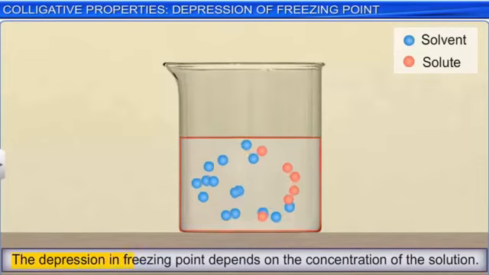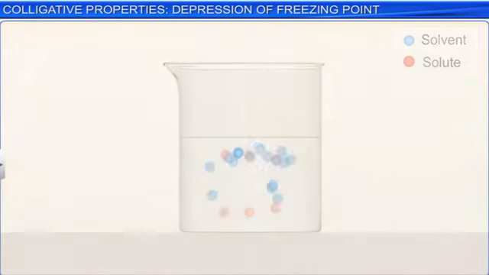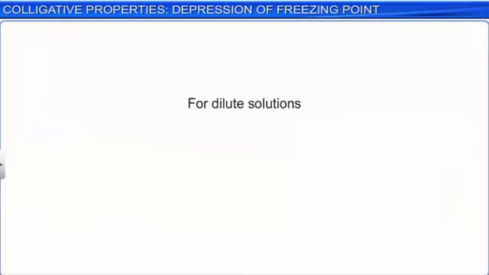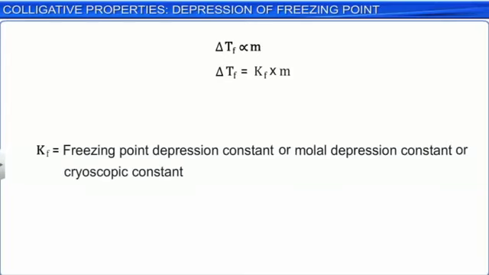The depression in freezing point depends upon the concentration of the solution. For dilute solutions, depression in the freezing point is directly proportional to molality m. Thus, delta Tf is equal to Kf into m, where Kf is known as the freezing point depression constant or molal depression constant or cryoscopic constant.